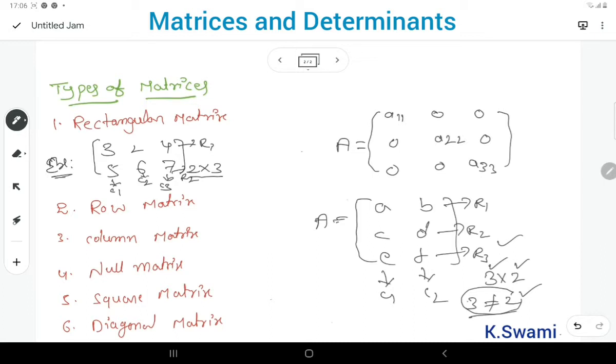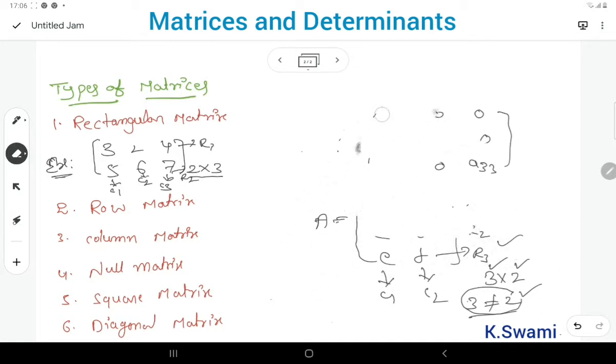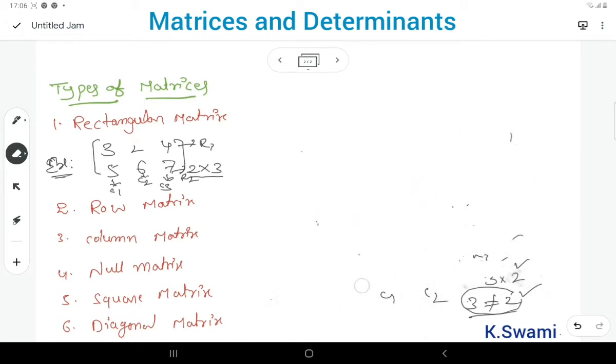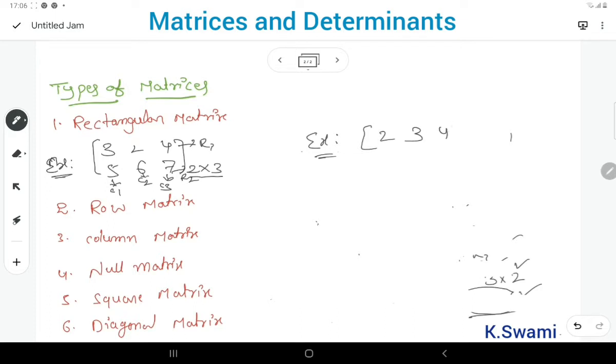Another definition is row matrix. What is the row matrix? Row matrix means a matrix that has only one row. For example, 2 3 4.